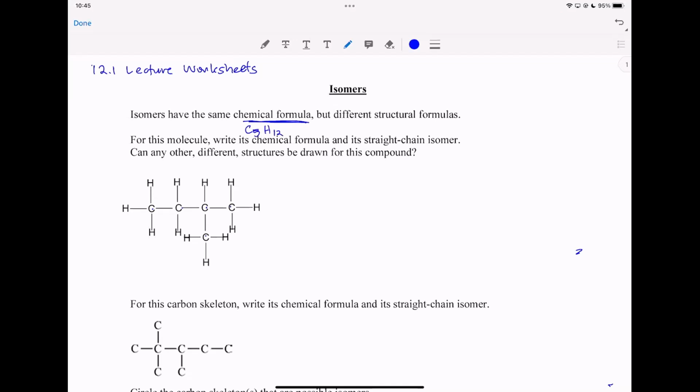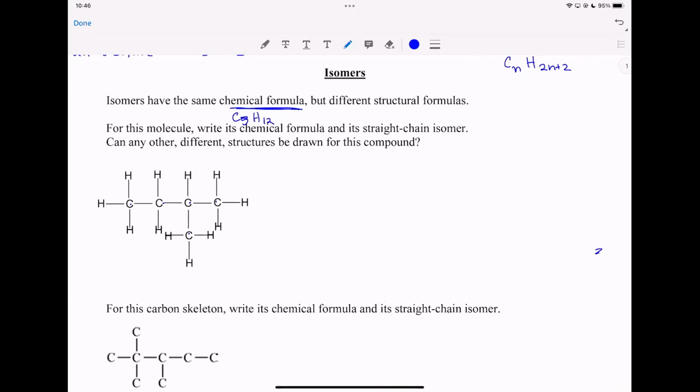You can always use the alkane chemical formula. So the alkanes are all single bonds and only carbon and hydrogens. And you can calculate that using Cn, and then the number of hydrogens is H2n plus 2. So that's how I got C5H12 for this molecule.